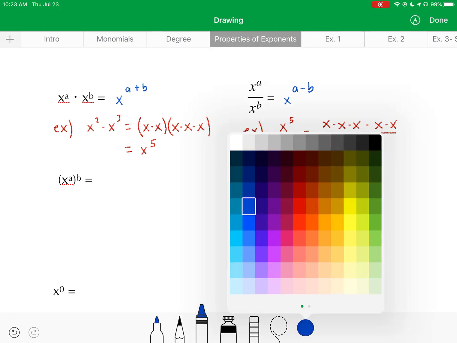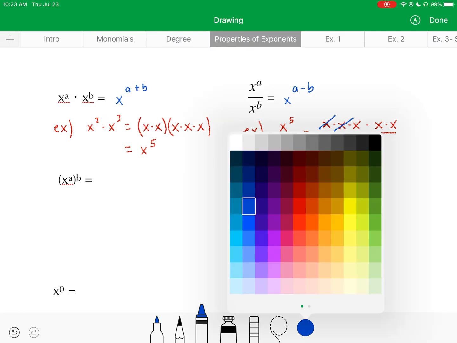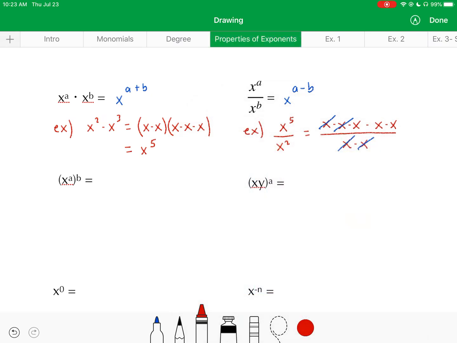Well, you can do some reducing here. Can wipe out a couple pairs of x there, and notice what you're left with. X cubed up in the numerator, and then just a 1 in the denominator. So this, of course, equals x cubed.